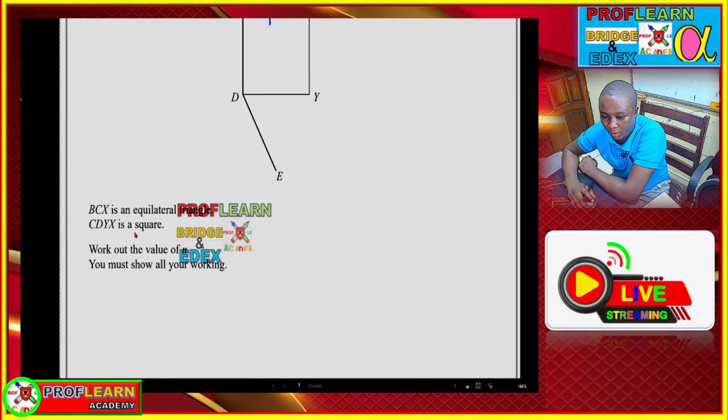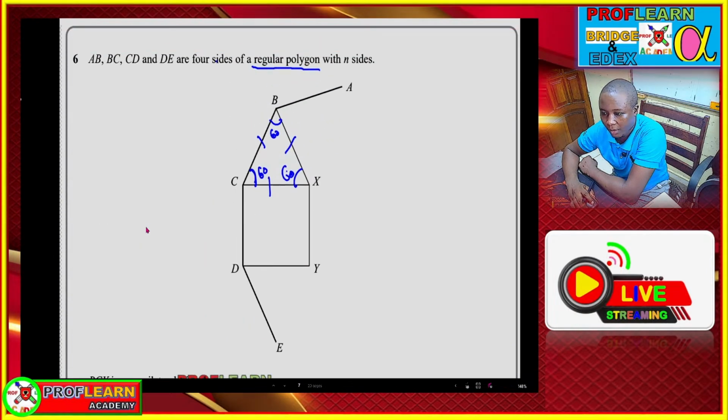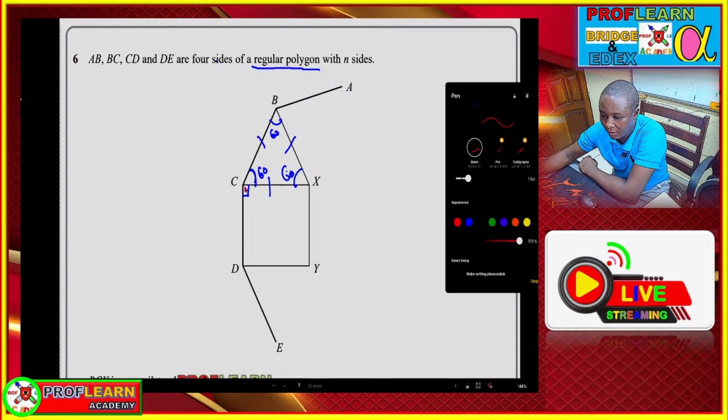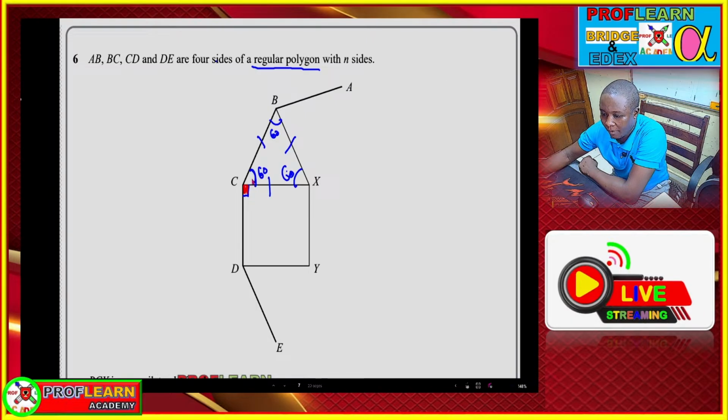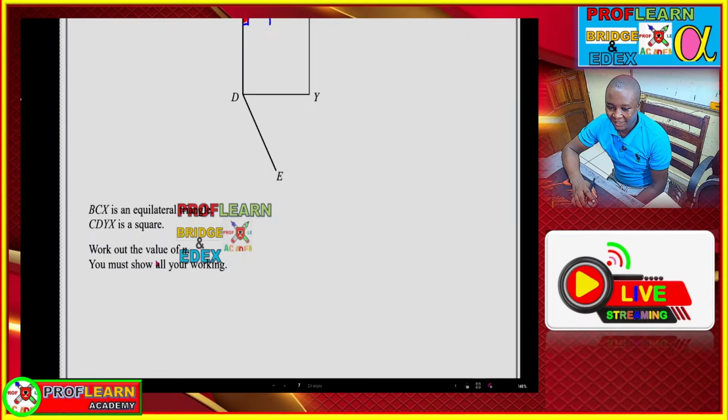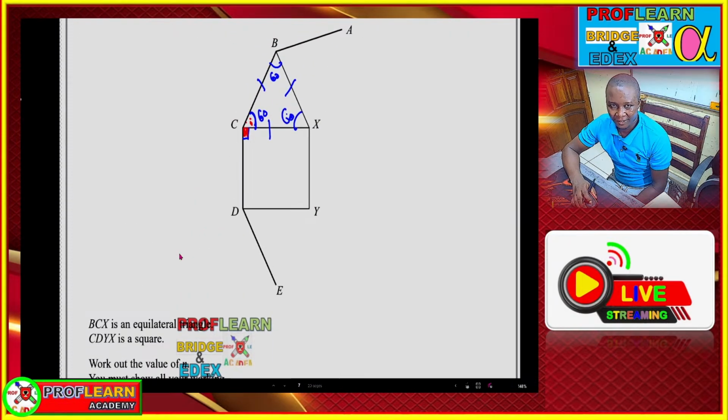Then further you are told CDXY is a square, which means that this angle here is 90 degrees. So this is 90 degrees, and this is 60 degrees. Now they are asking us to work out the value of n.